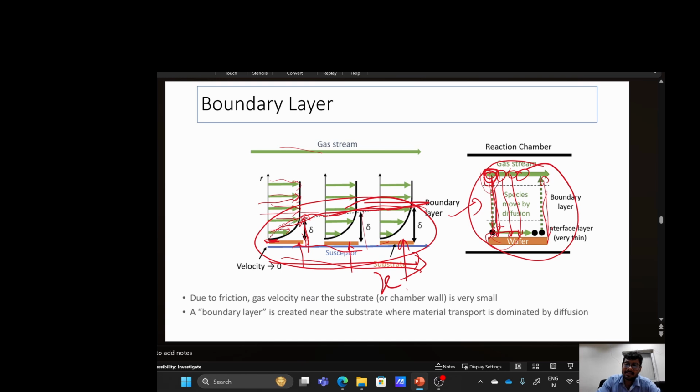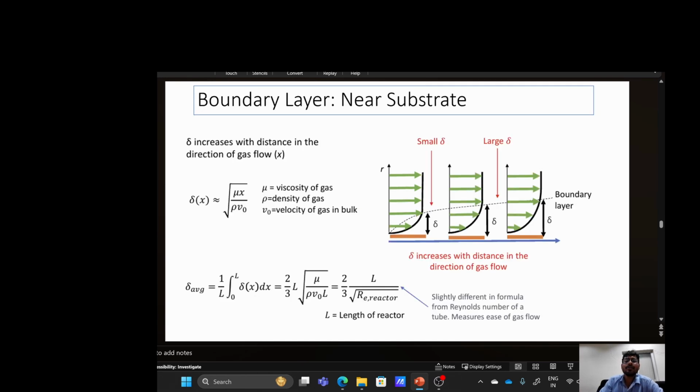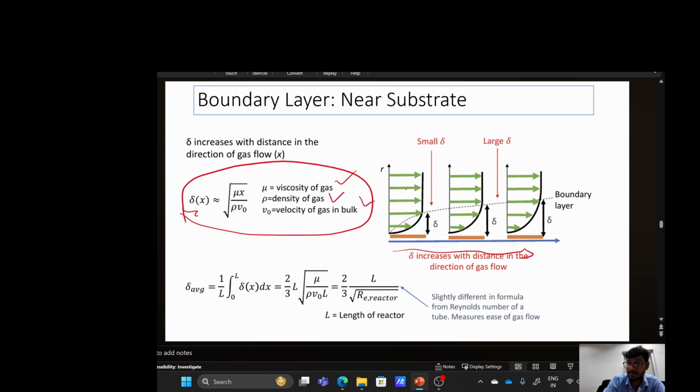And then we will find the diffusion. Okay, so the boundary layer near the substrate is, this is the profile of the boundary layer, delta x. X is the distance. This depends on the viscosity of the gas, density of the gas, and velocity of the gas in the bulk.